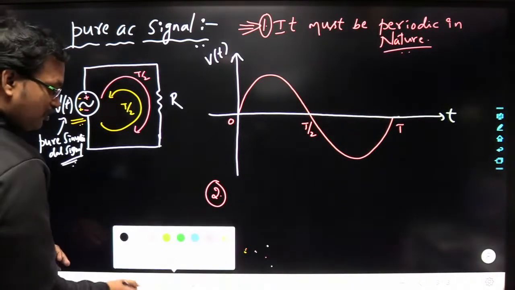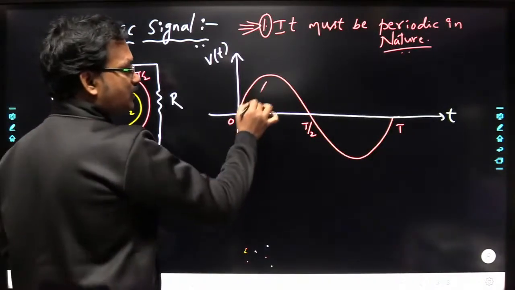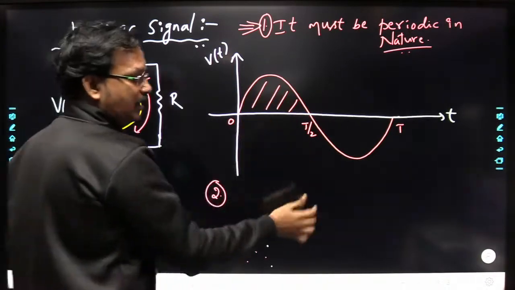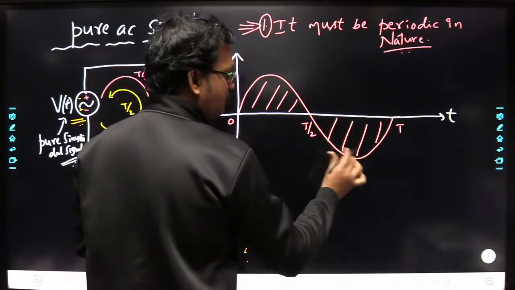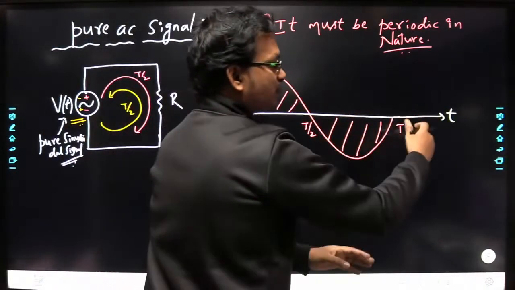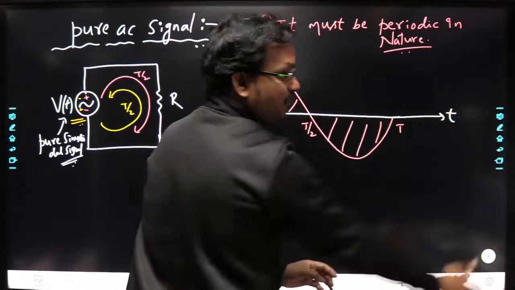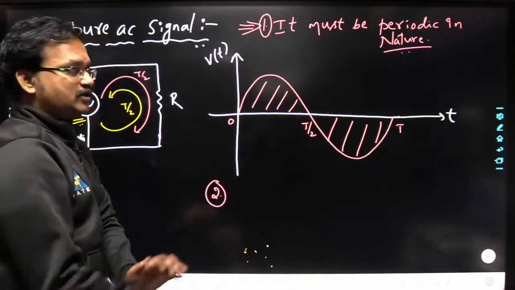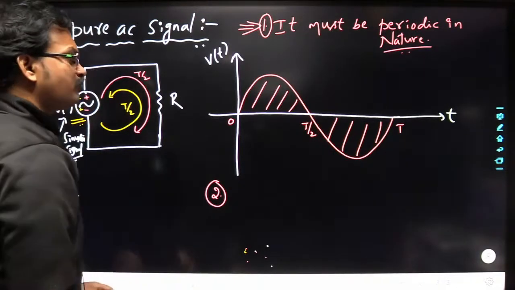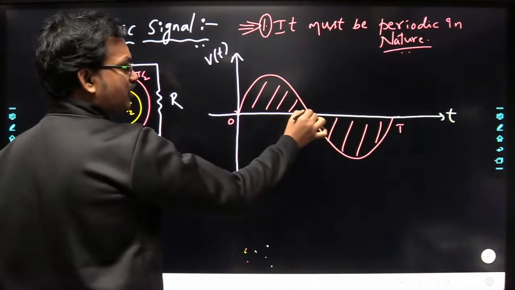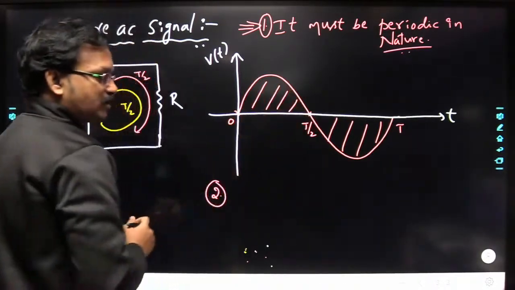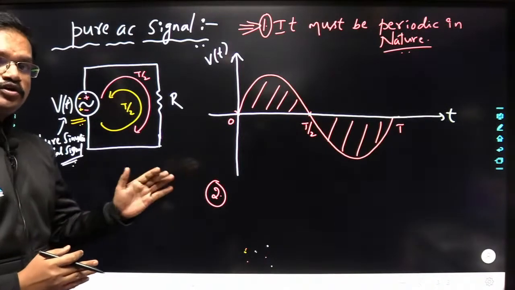If you observe here, for T by 2 time the polarity of the voltage signal is positive, and the polarity is negative for the next half of the period. The same thing will continue for the next time periods and goes on, repeating for the next time intervals also. So for each and every half period, the polarity of the voltage signal is going to change.